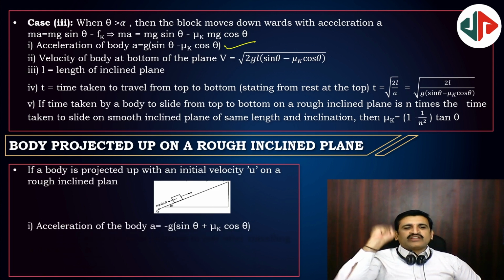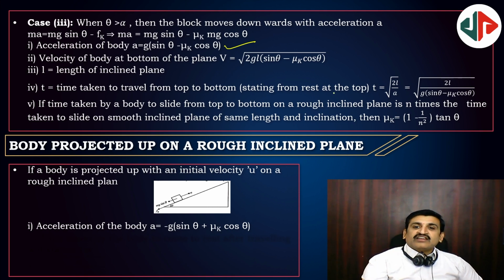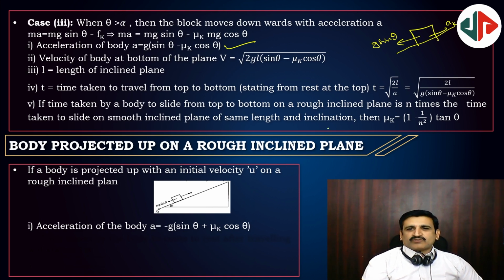If you are throwing the body onto a rough inclined plane, then the acceleration will be minus g of sin theta plus mu k cos theta, because the velocity is upwards.